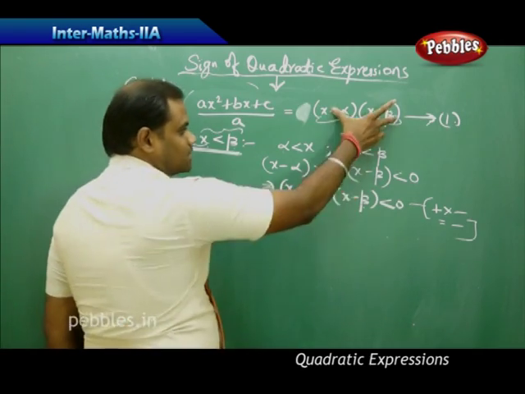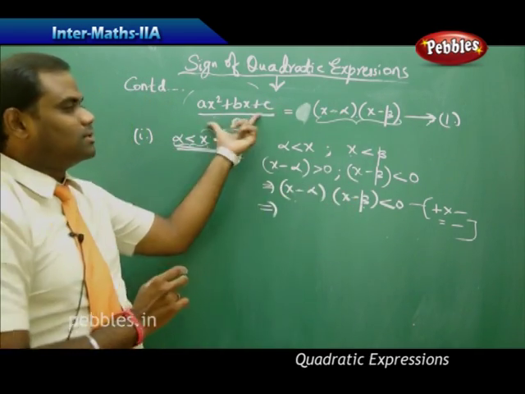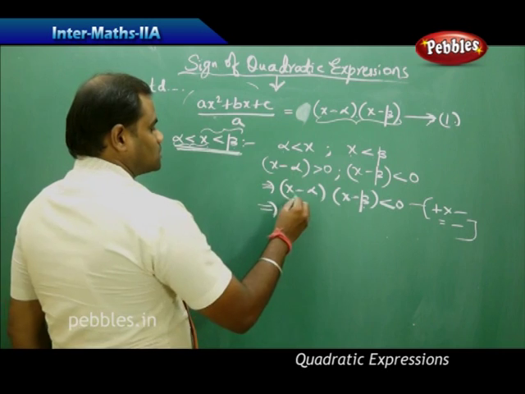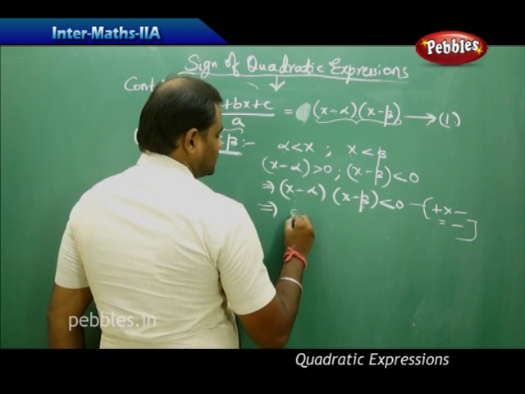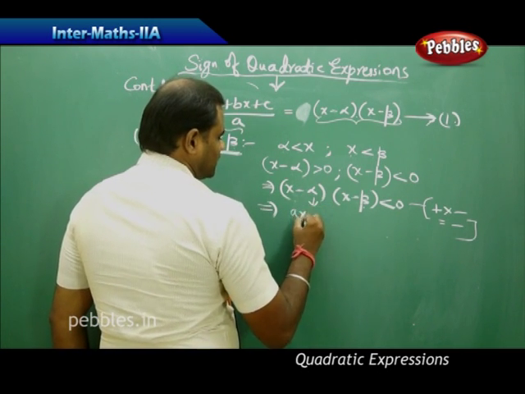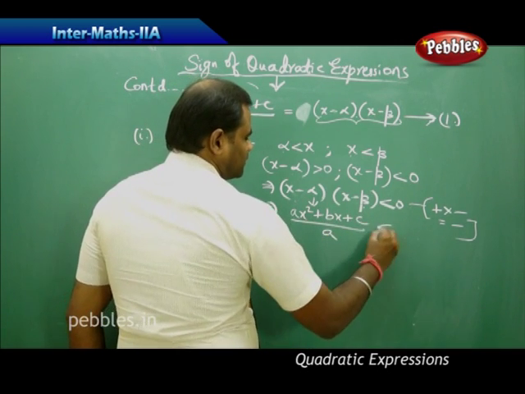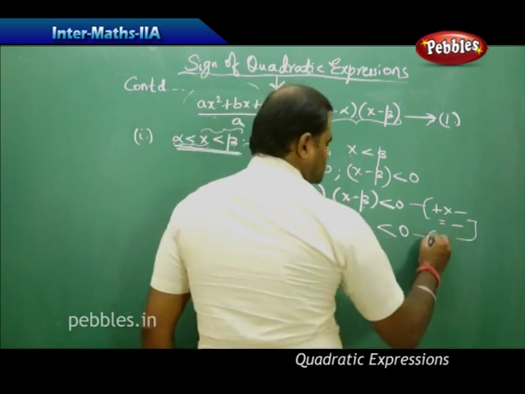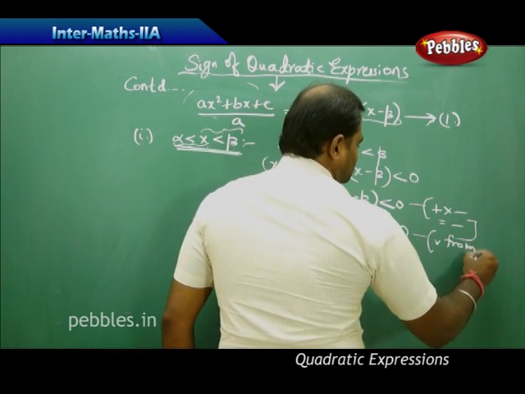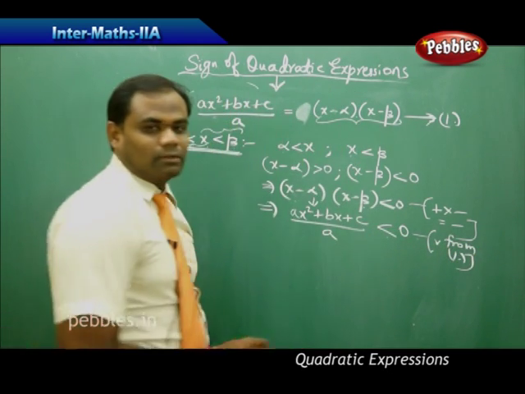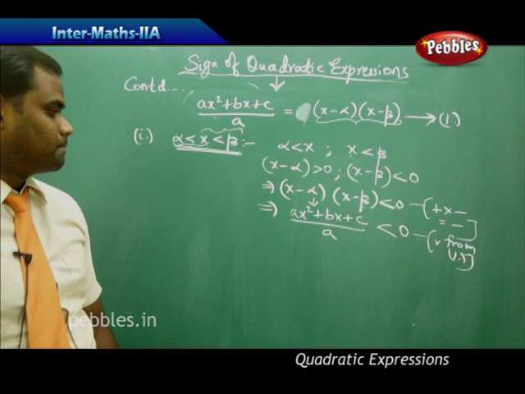So in place of this, I substitute this, because these two are equal. Therefore, substituting for the left hand side, I get ax squared plus bx plus c by a, which is less than 0. This is strictly from equation 1 is what I get.